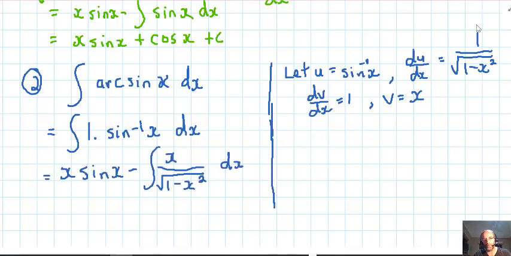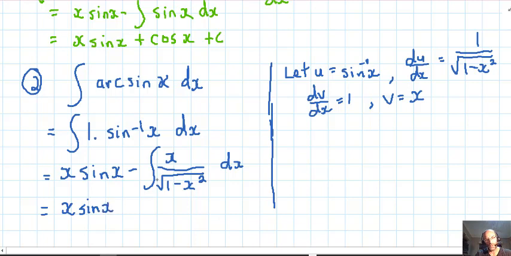So putting that into the rule for parts gives that, and now we need to look at what do we do about integrating that. Is it another case like above where we set it up wrong, or not? Well, actually, if we make another sort of substitution, if we make w equal to 1 minus x squared, it'll actually give us a way forward. So, no, we don't have to start again.